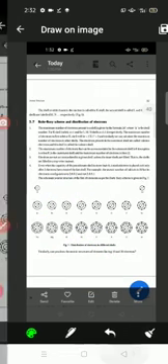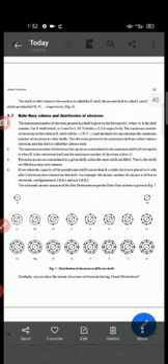Then the third point: electrons are not accommodated in a given shell unless the inner shells are filled. That is, the shells are filled in a stepwise manner.